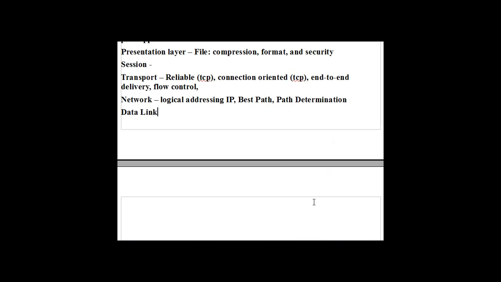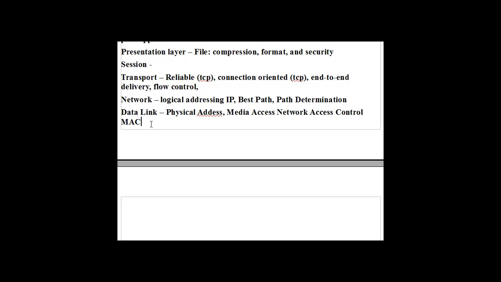Data link layer. If you see the words physical address, you know you're talking about the data link layer. If you see media access, or network access, or network access control, or media access control, which is MAC for short, you know you're talking about the data link layer, right?